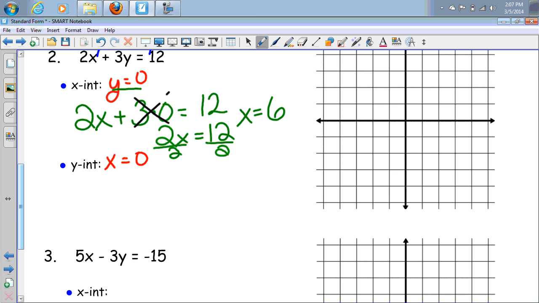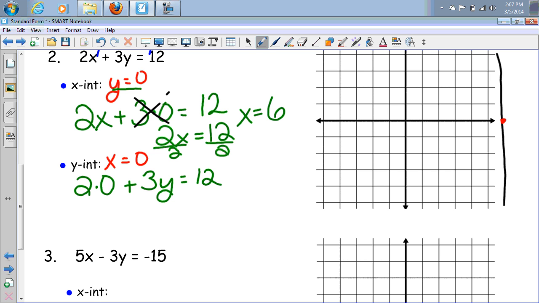Okay, let's go over to our graph here. We have 1, 2, 3, 4, 5. I'm just going to draw another line for reference. Over here, where x is 6, is our x-intercept. Now let's try to find our y-intercept. This is when we say x is 0. For this one, I would say 2 times 0 plus 3y equals 12. 2 times 0 cancels itself out.